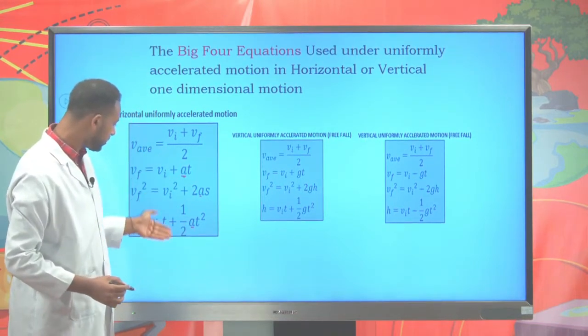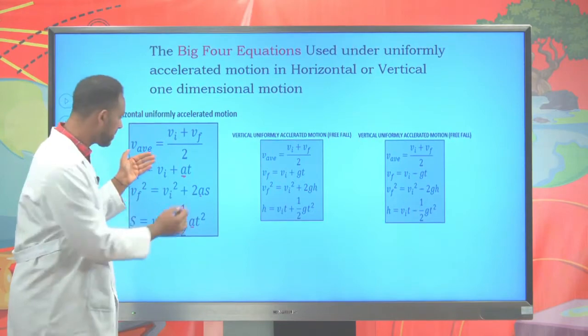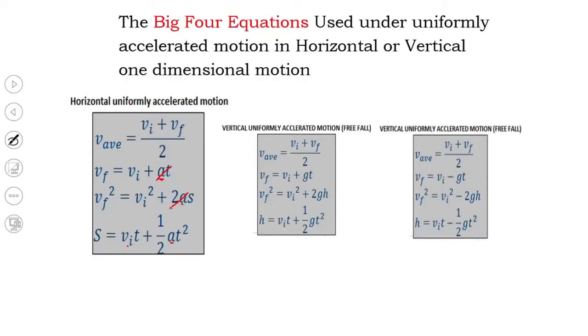If you are trying to use these equations for a uniform motion, acceleration will be cancelled out here, here, and here as well. So for a uniform motion, the only thing that you have is this equation: s is equal to initial velocity times t.